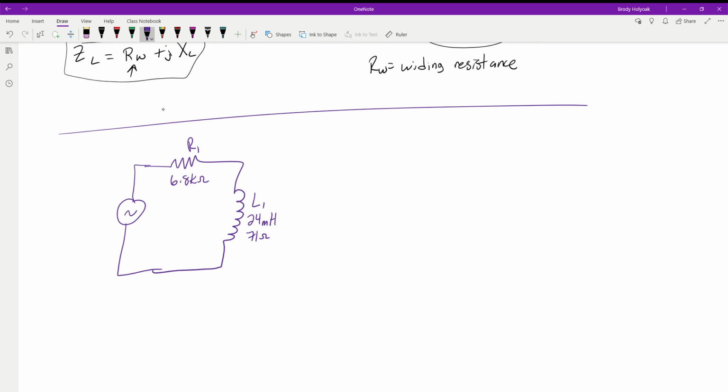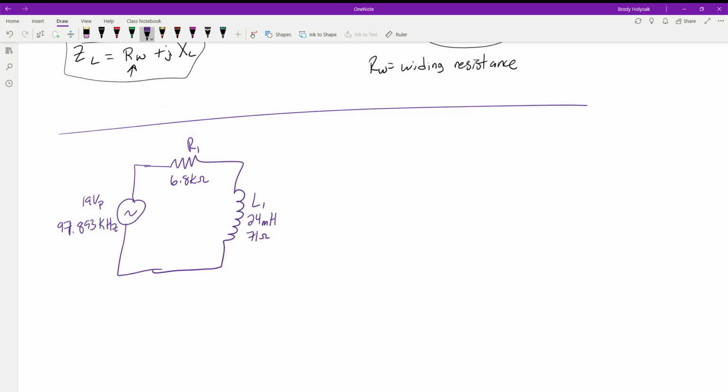Now in this case, 71 ohms compared to R1, which is 6.8 kiloohms, isn't going to have a huge effect on our circuit, but to make ourselves more accurate, we need to include it. So in the circuit, we have 19 volts peak running at a frequency of 97.893 kilohertz.